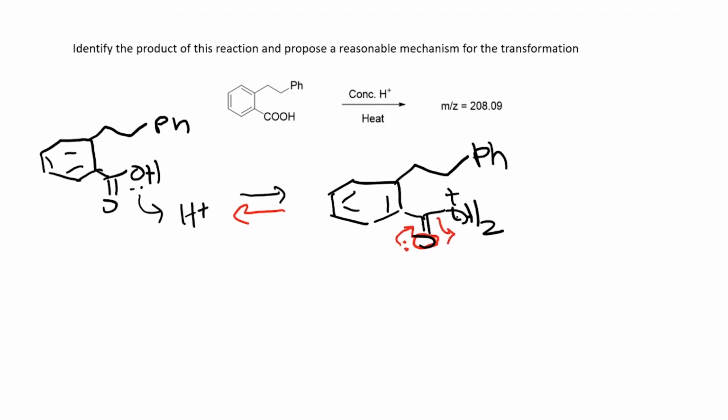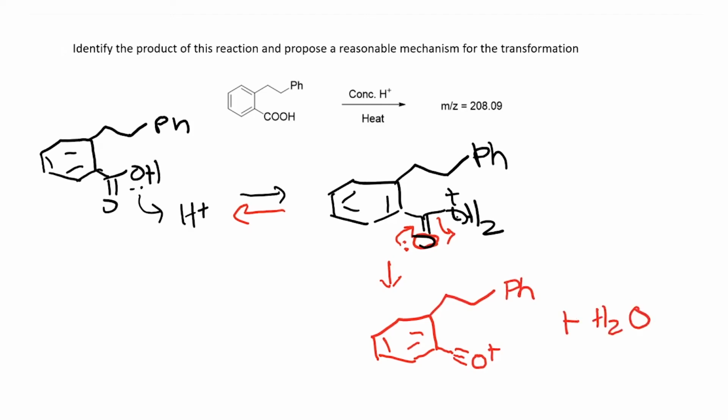Okay, so the resulting structure that would emerge would be the benzene ring remains intact and you get a C triple bond O plus, right? And then the phenyl ring remains here and the byproduct is water.